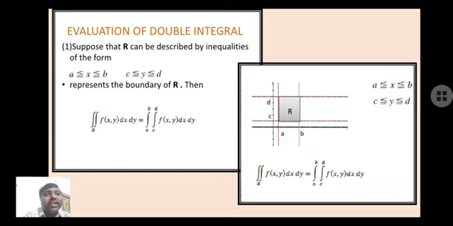In the same way, y is bounded between y = c and y = d. So the given region is bounded by four different straight lines, and it looks like a rectangular box.